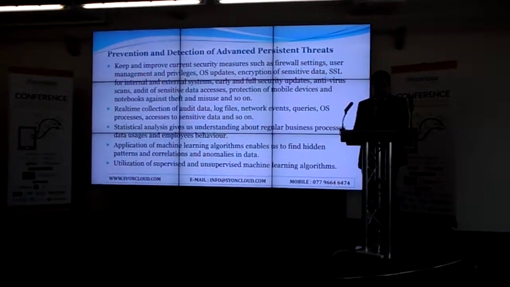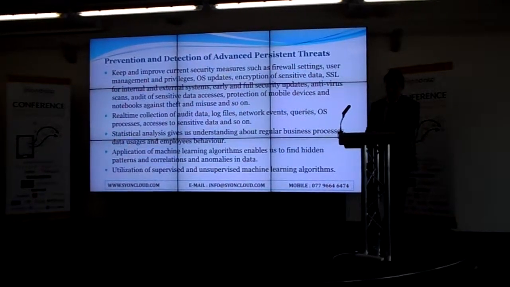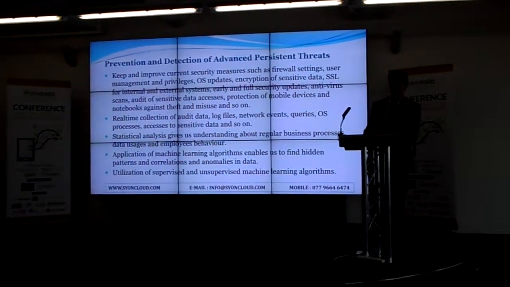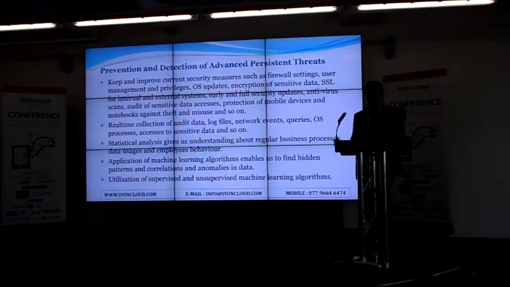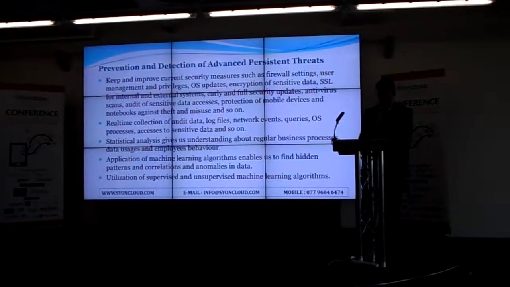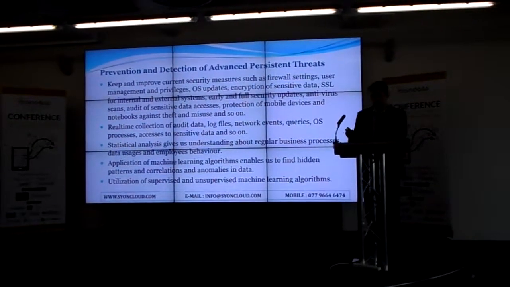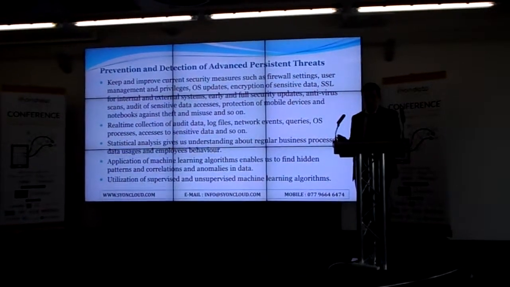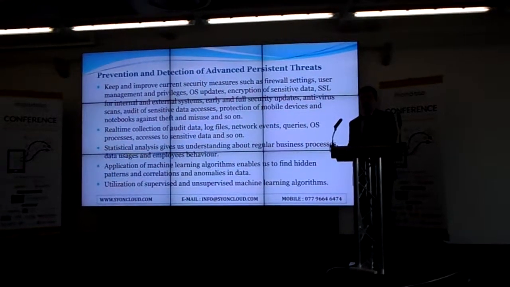The application of machine learning algorithms enables us to find outliers, hidden patterns, correlations, and anomalies in the data. We need to utilize supervised and unsupervised machine learning algorithms, and on large data sets these algorithms can be tuned to see the weak signals, because these persistent threats will not look like distributed denial of service attacks.